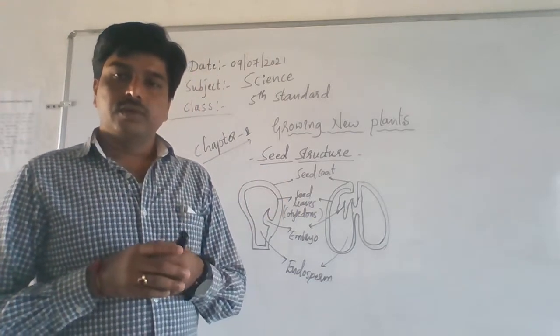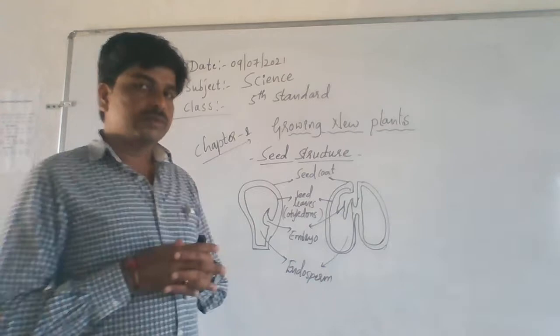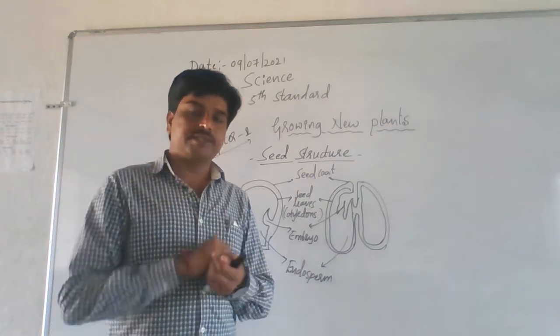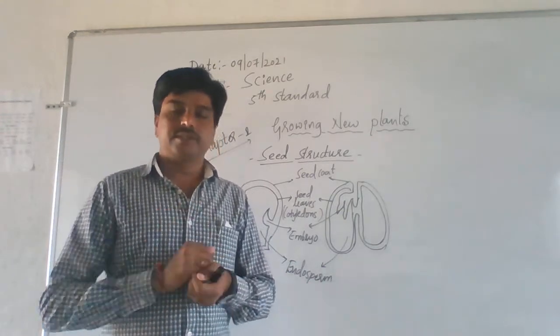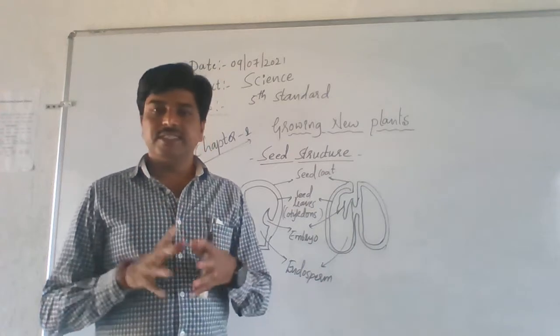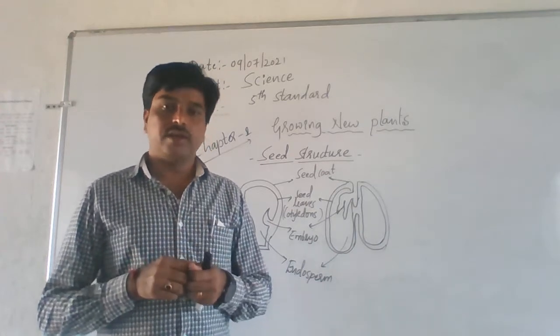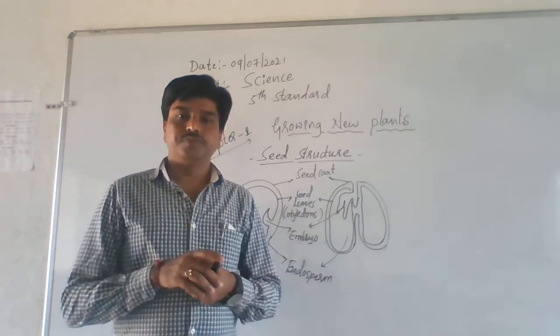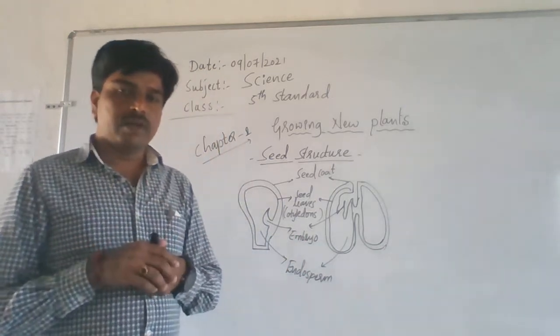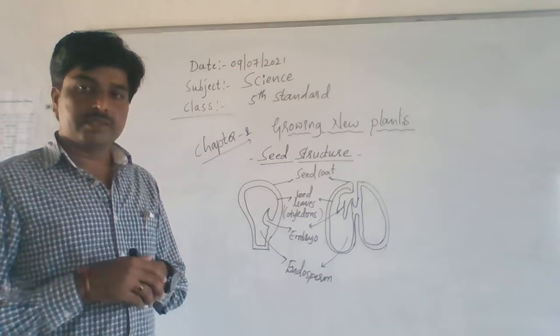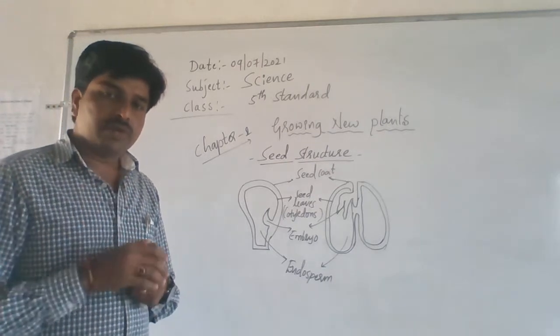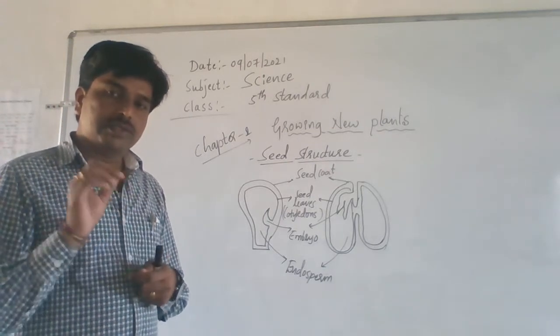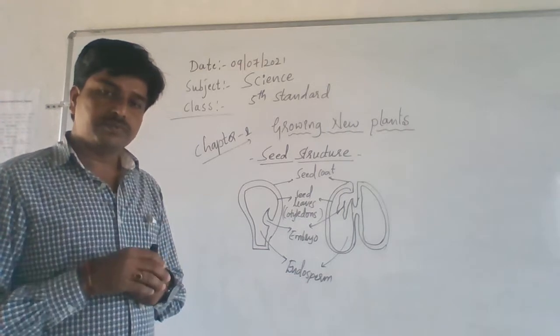How are these plants produced? By the seeds. We use these seeds as a part of our food in our daily life. Plant reproduction is broadly classified into two categories: sexual reproduction and asexual reproduction.